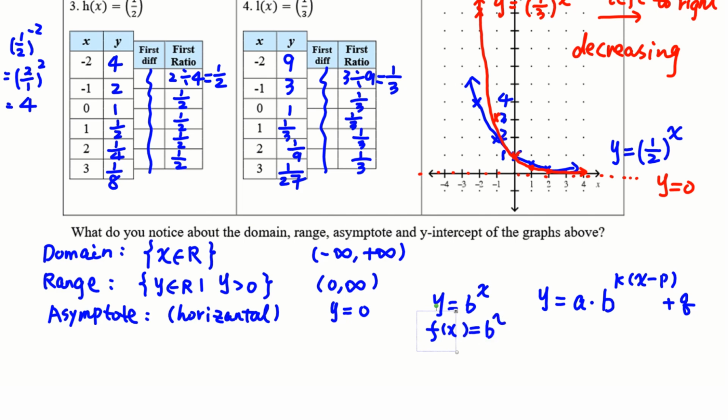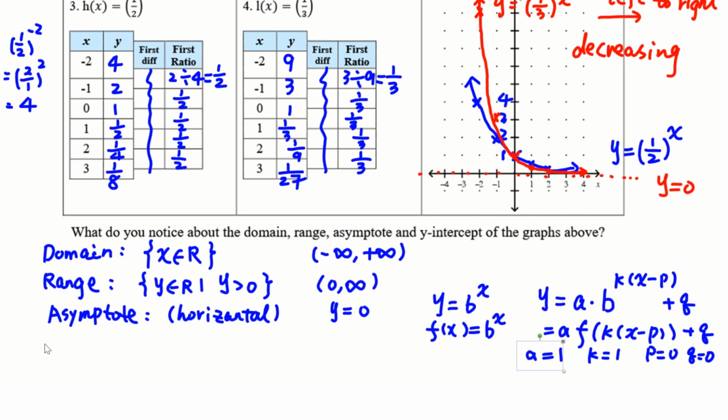The parent function is a equals 1, k equals 1, no vertical stretch, no horizontal stretch, the shape doesn't change, and p is 0, q is 0, so there's no left or right shift. So here it is 1 times b to the exponent 1 times x minus 0, plus 0. So a and k are 1, p and q are 0, so this is the parent function.